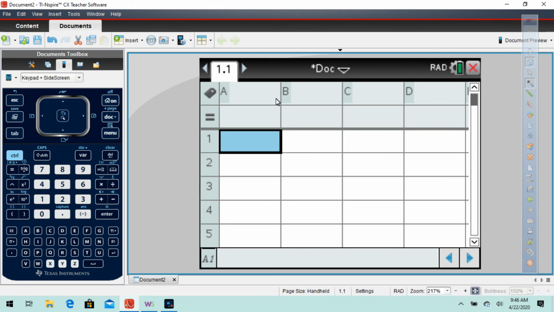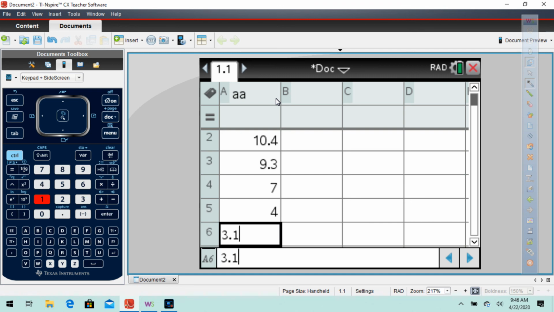I'm going to get real creative here, call it AA, and we have 12.5, 10.4, 9.3, 7, 4, 3.1, 2.0, 2.9, 2.1, 1.8, 1.4, 1.1, 1.1, and 0.9. All right.